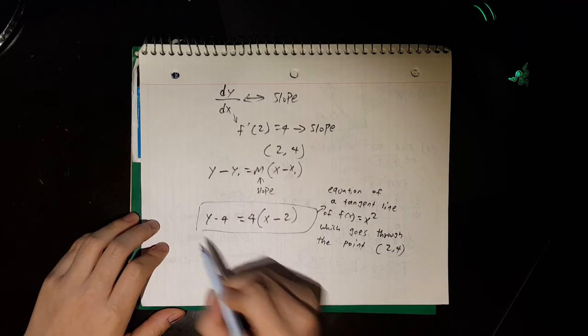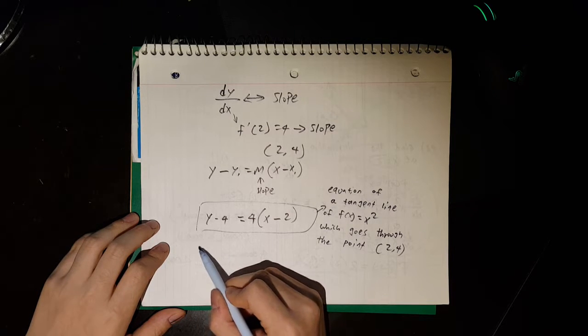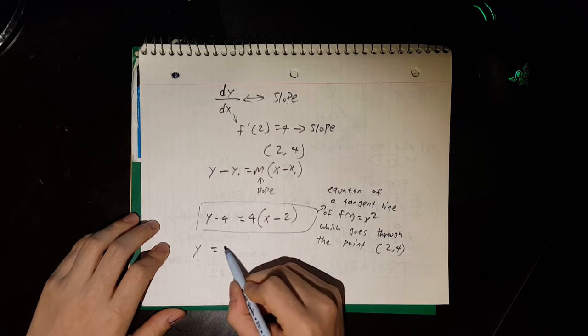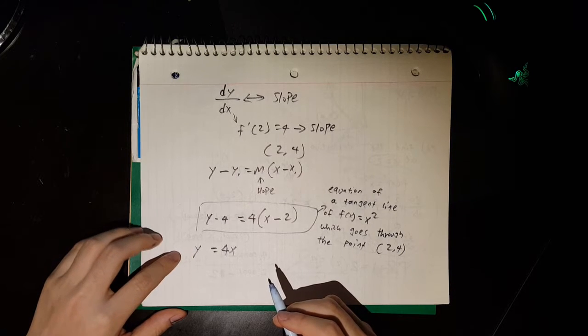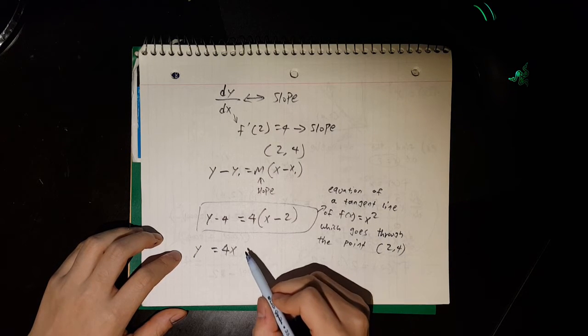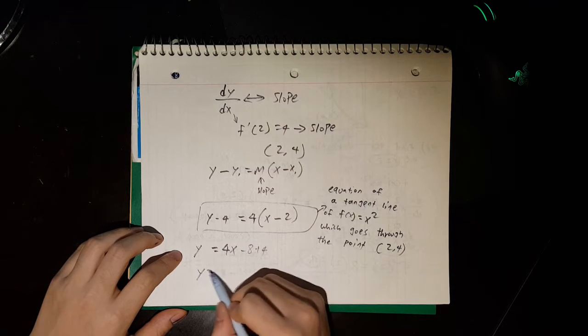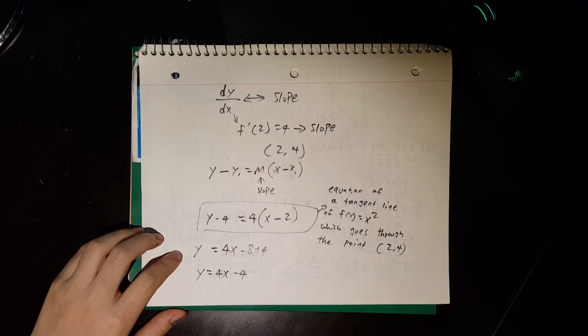And so, if you want to clean this up and write this more neatly, I guess it would be y equals, if this is the standard form that you're used to seeing, 4x minus 8 plus 4, so y is equal to 4x minus 4.